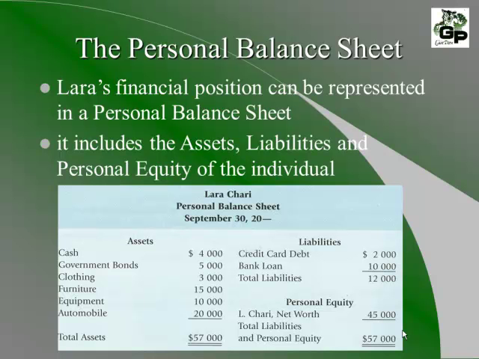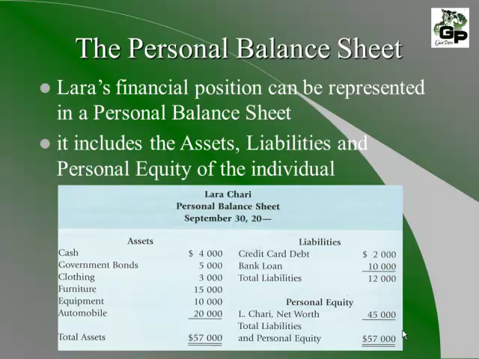Notice, underneath the $45,000, there is a single line, because we also have to add the liabilities plus the personal equity. So the single line tells us that addition is about to occur, $12,000 plus $45,000, and then at the bottom, the $57,000 represents the total of those two, and it is underlined.